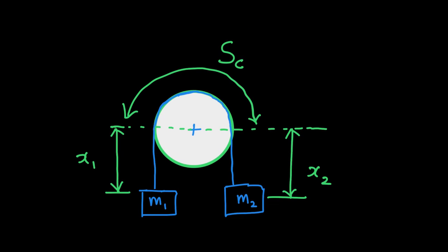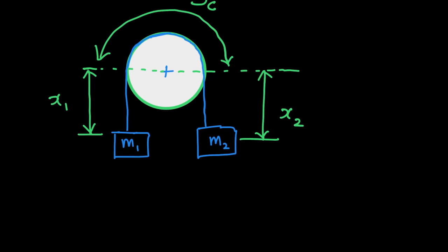I would like to prove the same in a much more formal way. Let's say I have defined two coordinates, little x1 and little x2, like this, which will tell me the position of the discrete masses m1 and m2. Now if I say that my string is inextensible, that effectively means the length of the thread won't change.